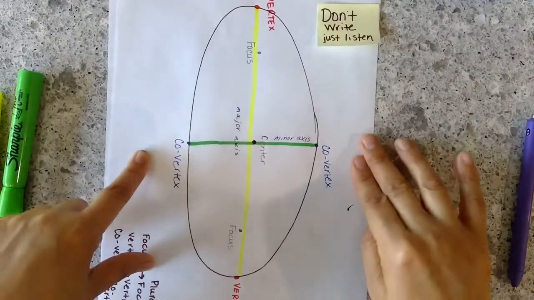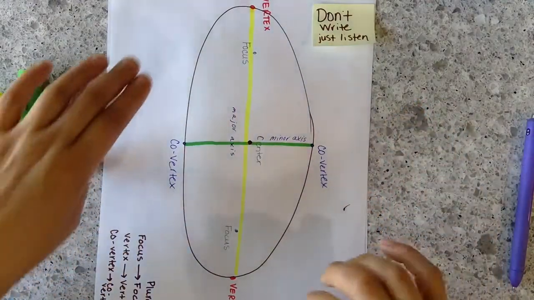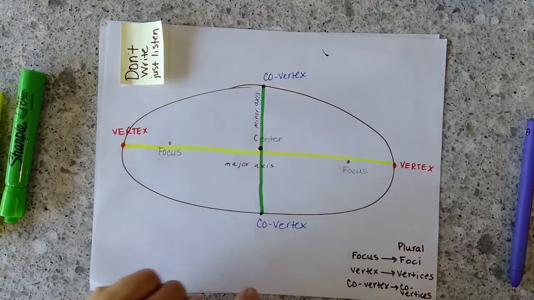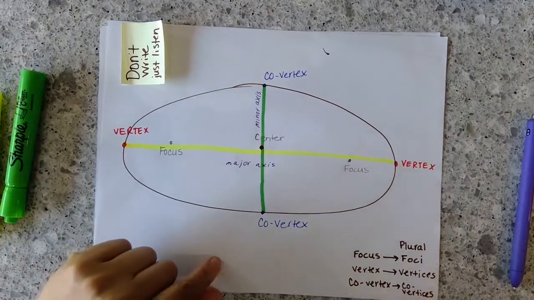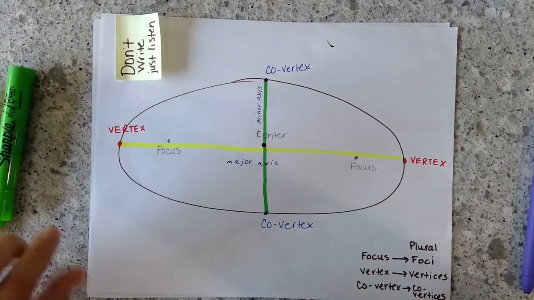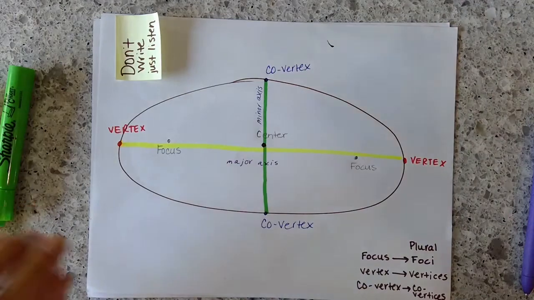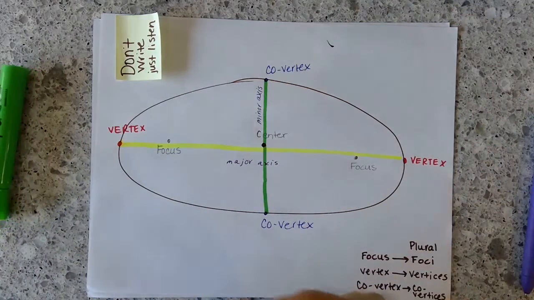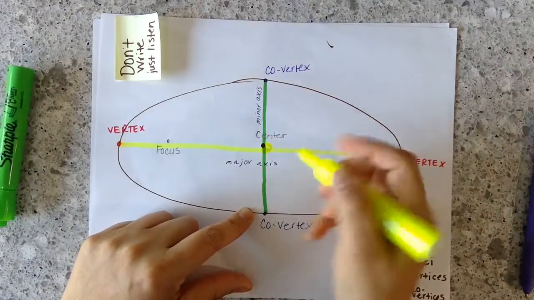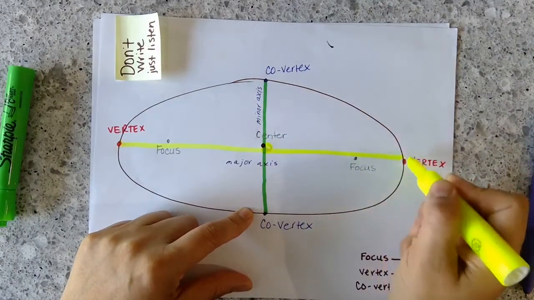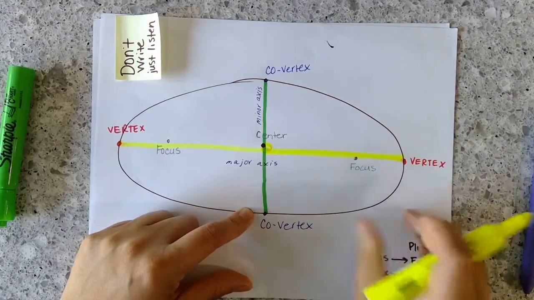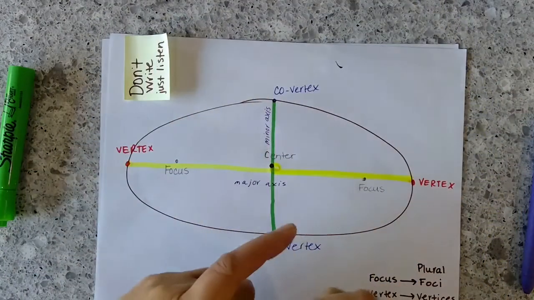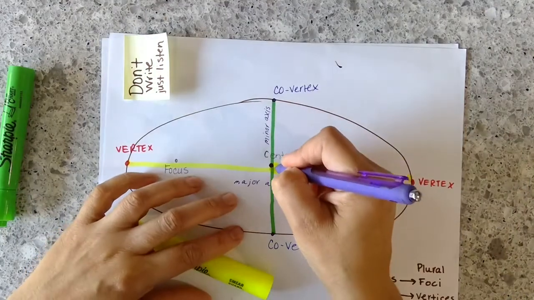Now, the only other thing to know about these is they call these certain distances. So you have an A, B, and a C value, and this is very important. And again, you're just listening for right now. You'll actually take notes on this in a minute. The distance between your center and your vertex, regardless if it is oriented horizontally or vertically, is your A value.